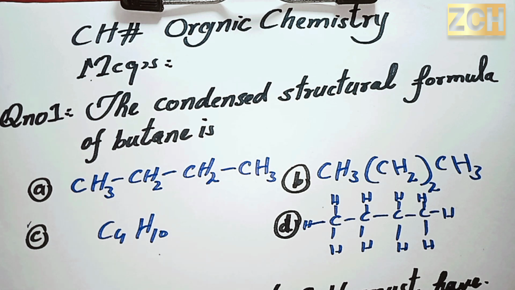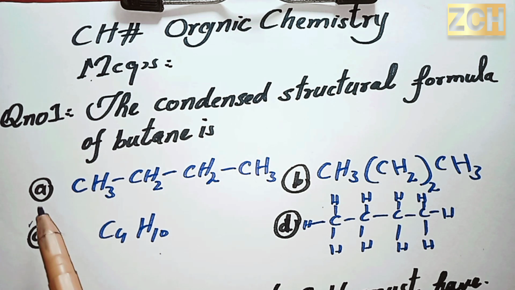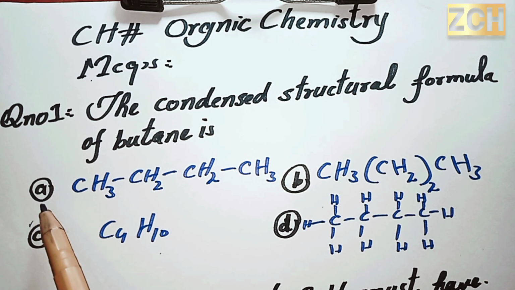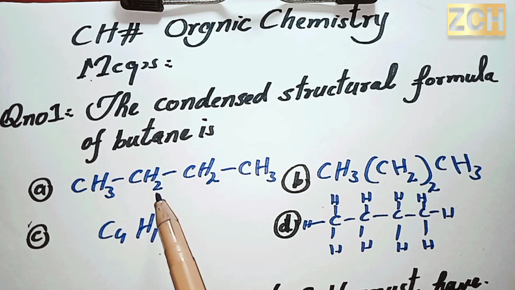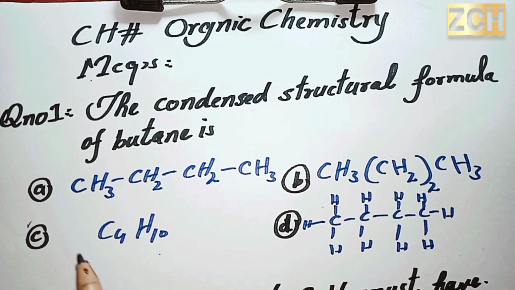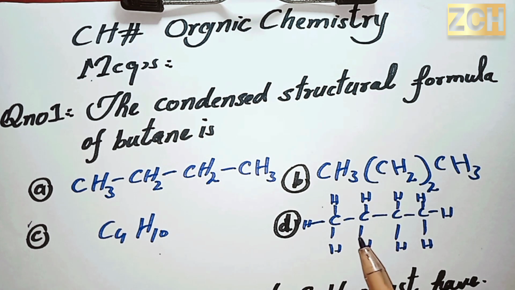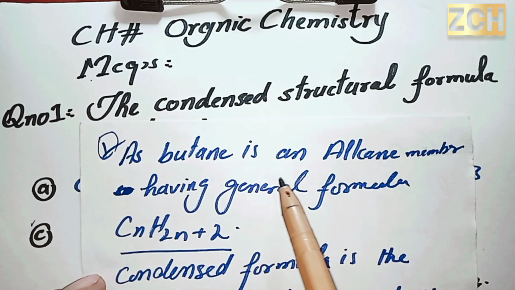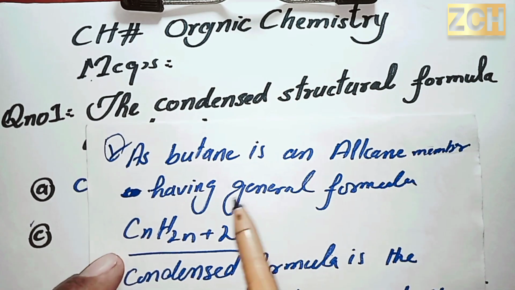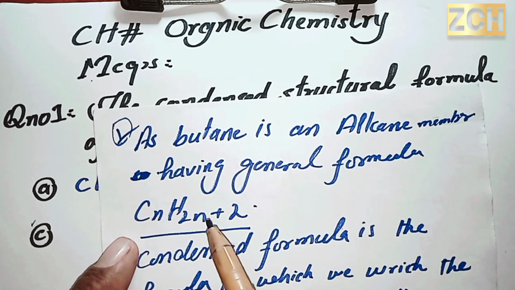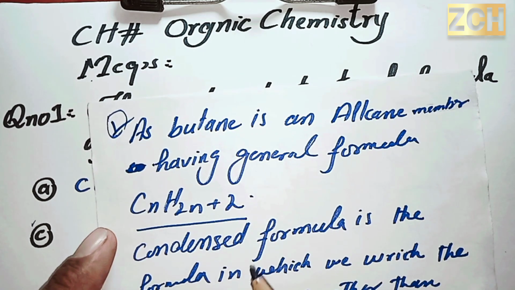As we know, option A is CH3, CH2, CH2, CH3. Option B is here. Option C is C4H10 and option D is here, where the structural formula is written. We know that butane is an alkane member having the general formula CnH2n+2.